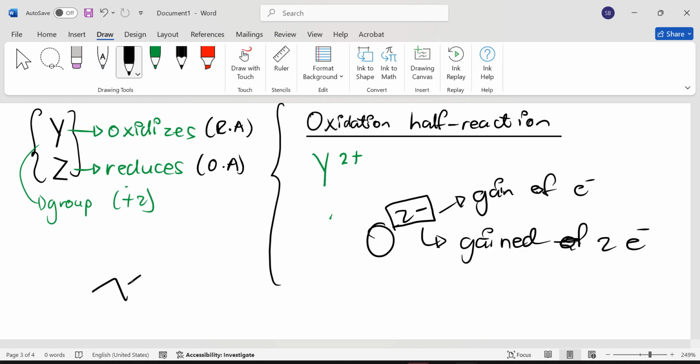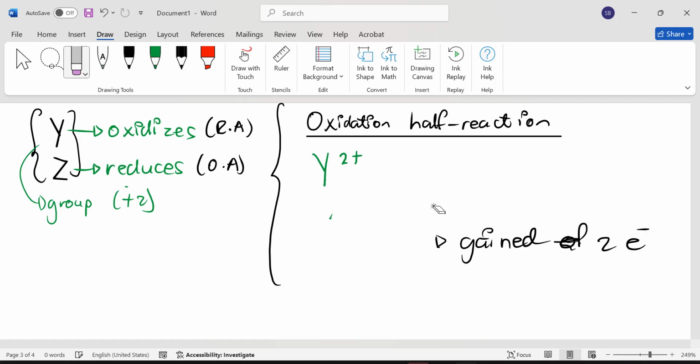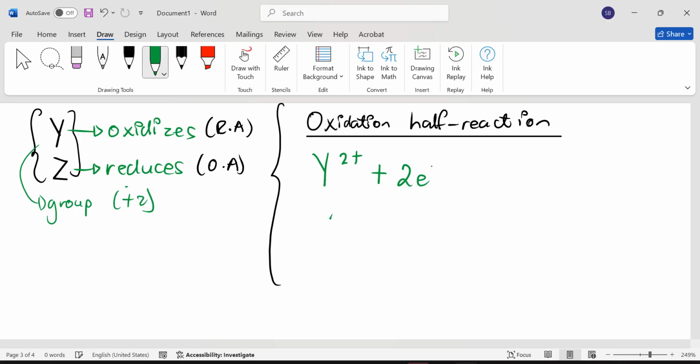Even if you have a charge of 7 minus, you gain 7 electrons. 1 million minus, you have gained 1 million electrons. So the positive charge means you lost electrons, and the negative charge means you gained electrons. So Y2 plus basically means that it lost 2 electrons. These are the 2 electrons that it lost, and then it forms a clean, pure element Y.